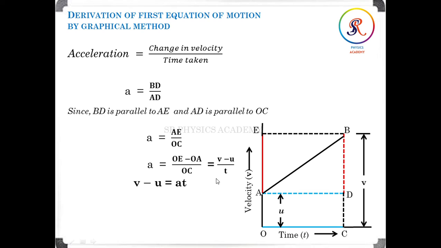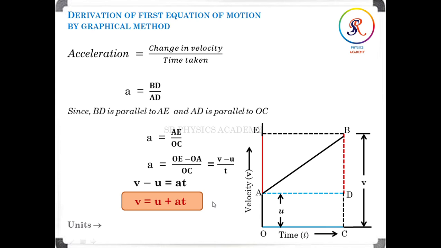So we can write the same as we did by the algebraic method: V minus U equal to A into T. Then rearranging this equation, we get V equal to U plus AT, because minus U goes to the right side. So now we know the first equation of motion by the graphical method also: V equal to U plus AT.